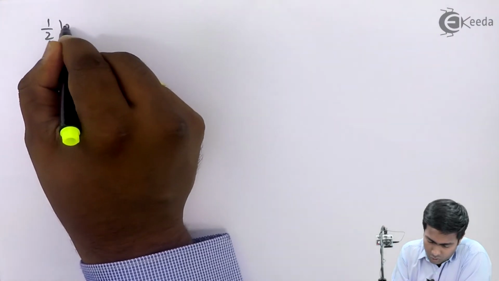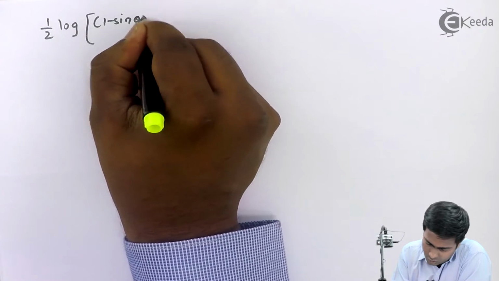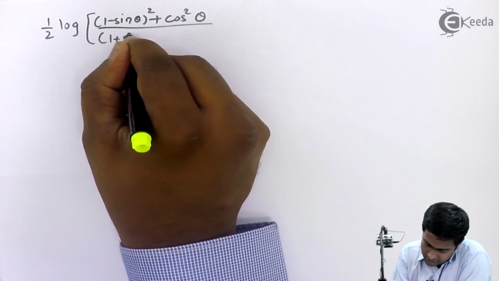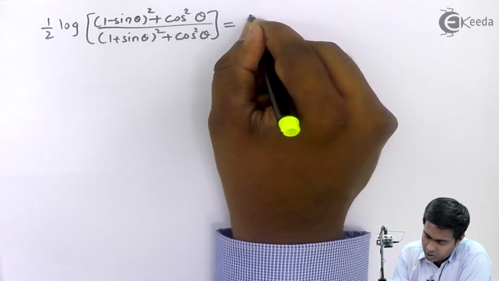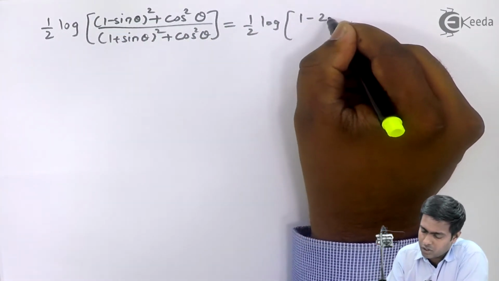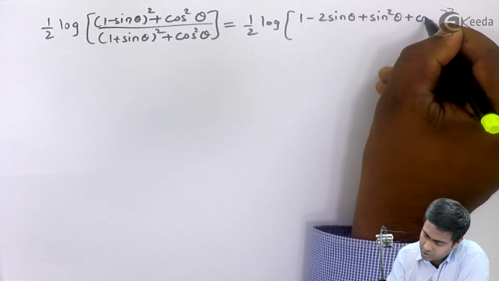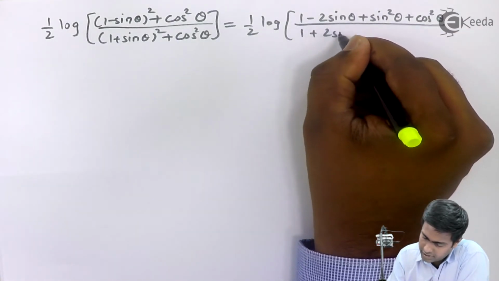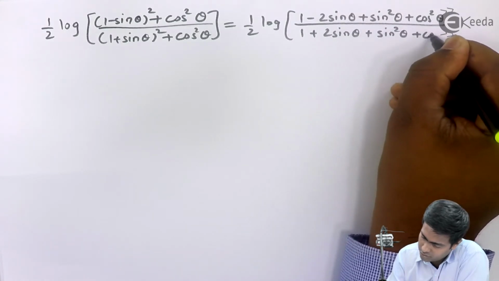1 by 2 log of the bracket, that is 1 minus sin theta the whole square plus cos square theta upon 1 plus sin theta the whole square plus cos square theta, is equal to 1 by 2 log of, here the formula is 1 minus 2 sin theta plus sin square theta plus cos square theta upon 1 plus 2 sin theta plus sin square theta plus cos square theta.